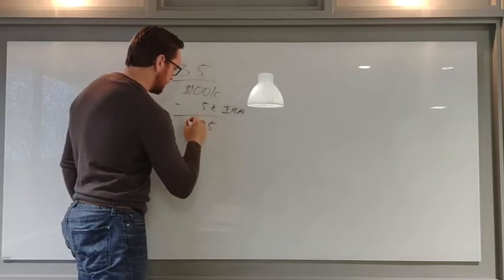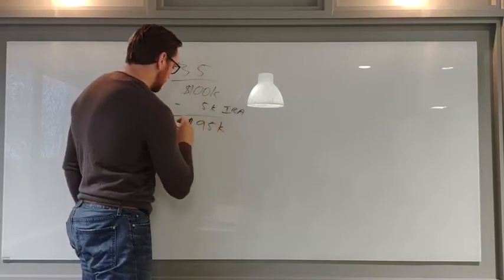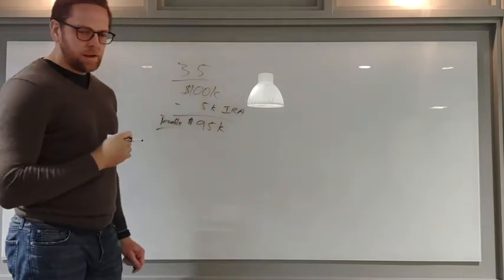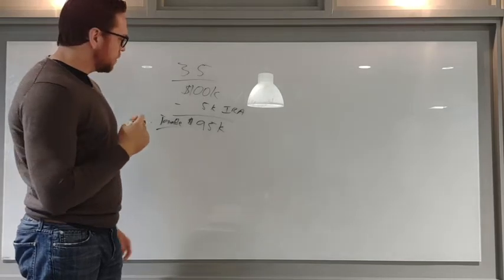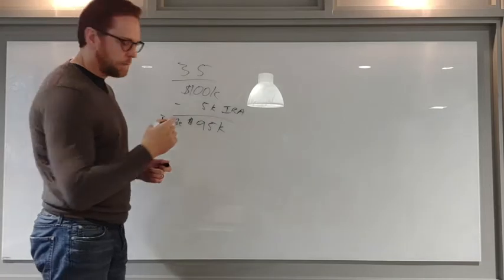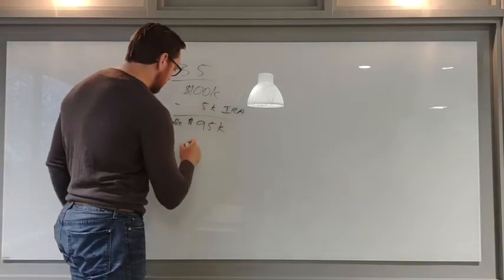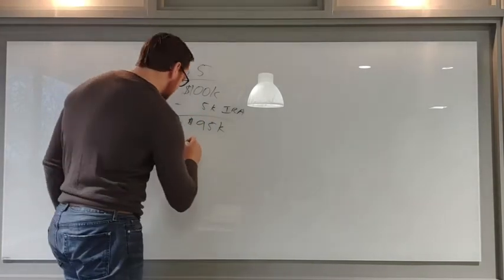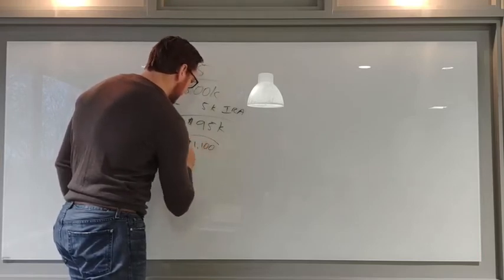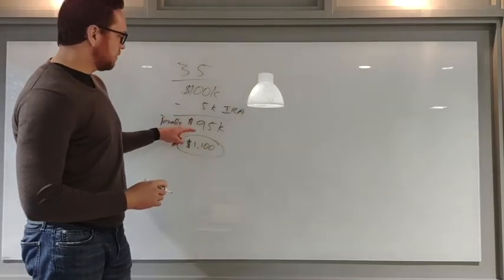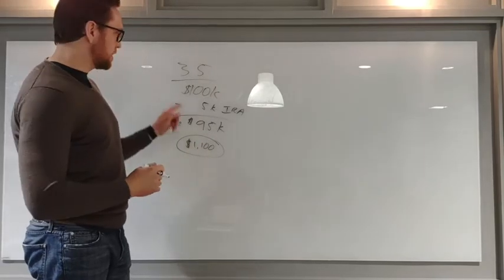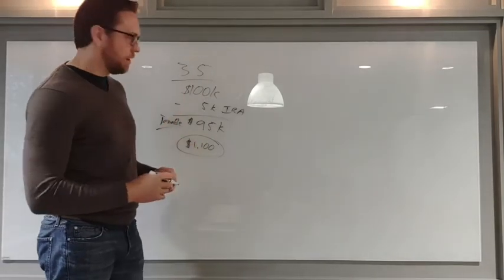That would generate taxable income of $95K at age 35. If you're in the 22% marginal tax bracket at that time, which is the current tax rate, that $5,000 would have generated a tax savings of $1,100. Because you're taxed on $5,000 less at 22%. That's a savings of $1,100 in that year. That's taxes you didn't have to pay.